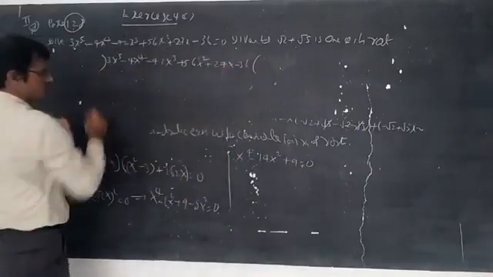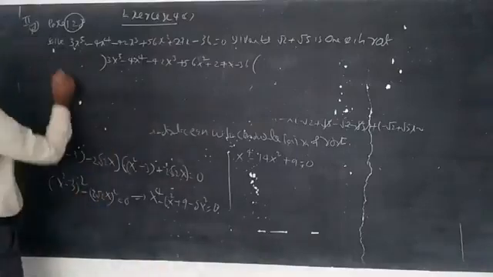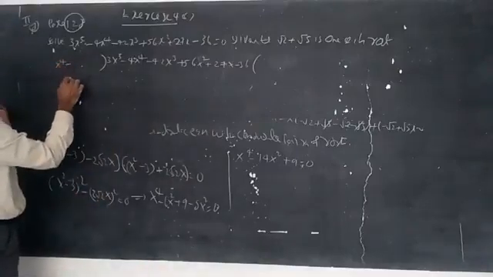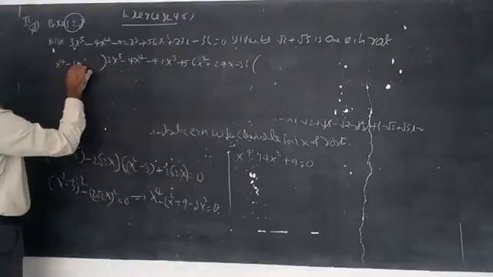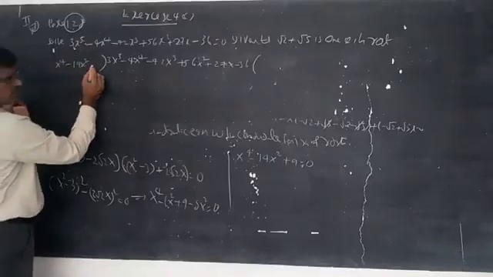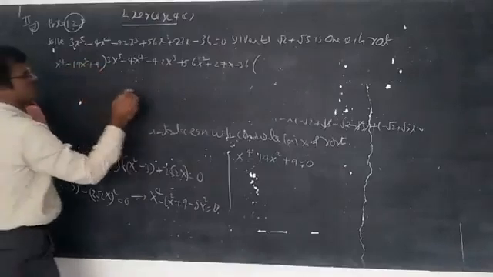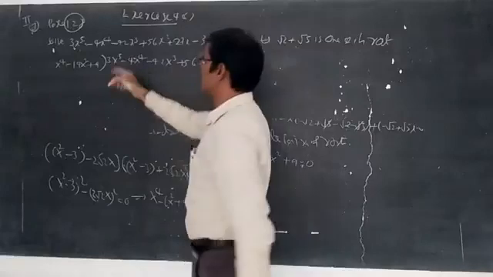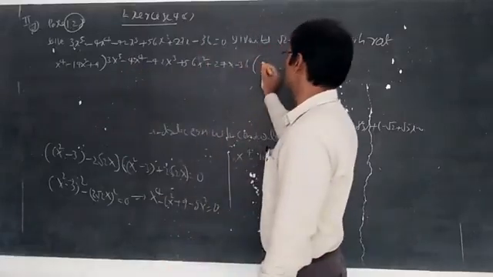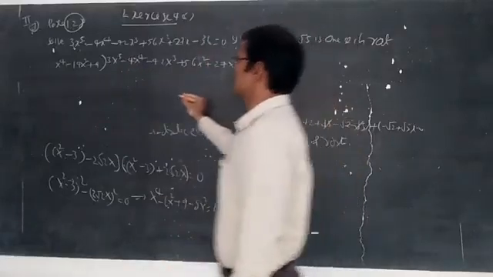Divide with the polynomial x power 4 minus 14x square plus 9. Now here 3 will be getting cancelled, so you should multiply with 3x.